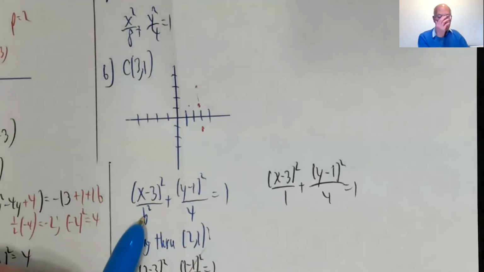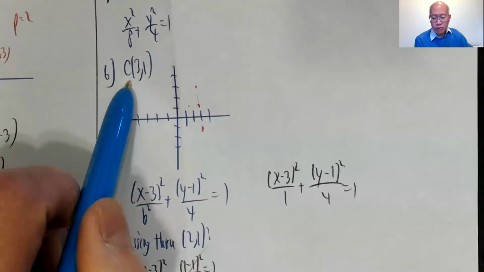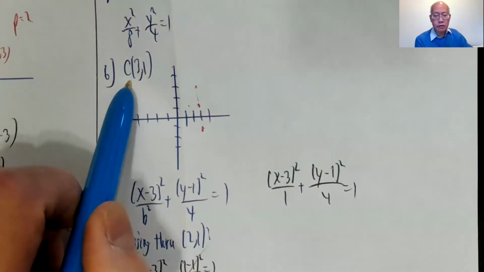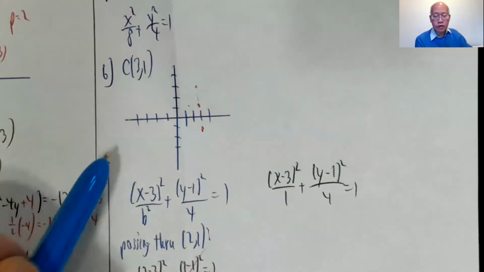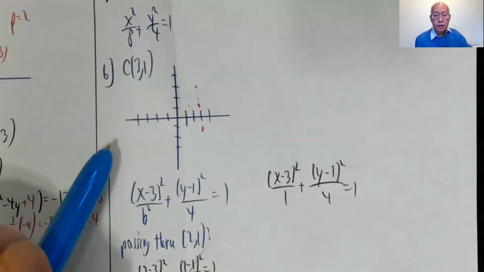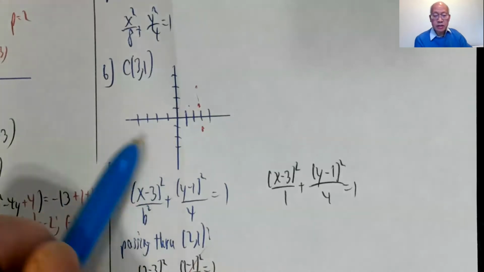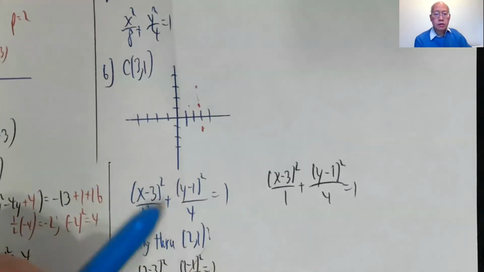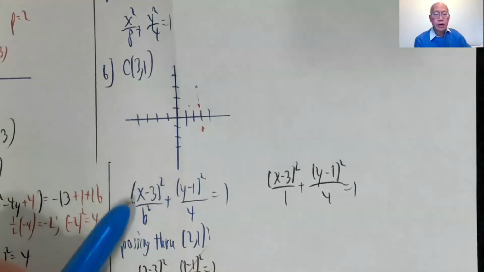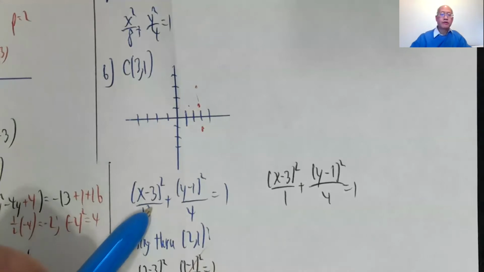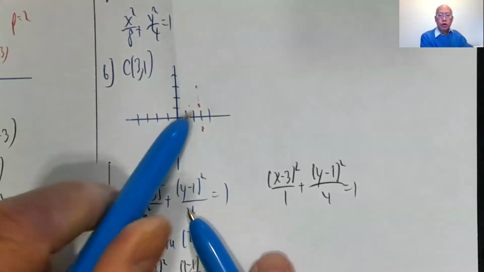Number 6, the center is at (3, 1), which is halfway between the two vertices, which are (3, 3) and (3, negative 1). And it passes through the point (2, 1). That means (x minus 3) squared over something plus (y minus 1) squared over 4.